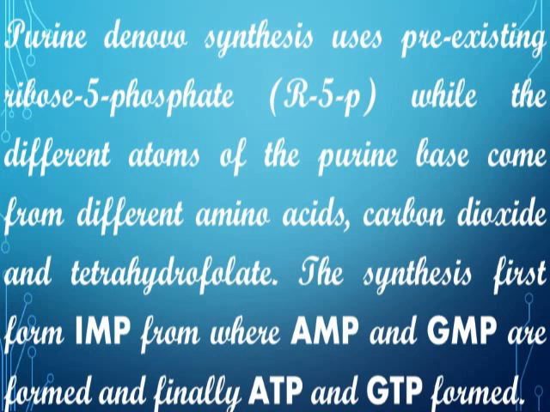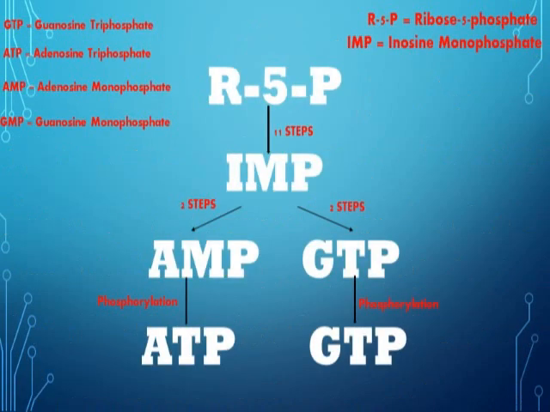The synthesis first forms IMP, from where AMP and GMP are formed, and finally ATP and GTP are formed.